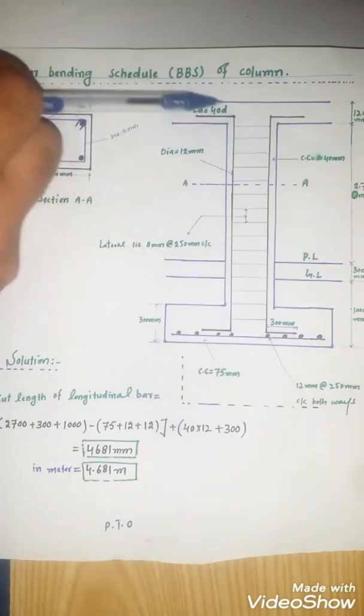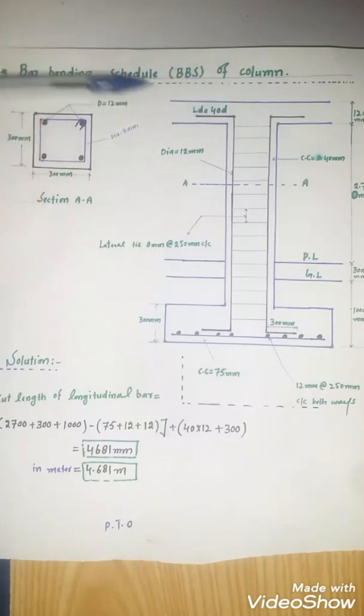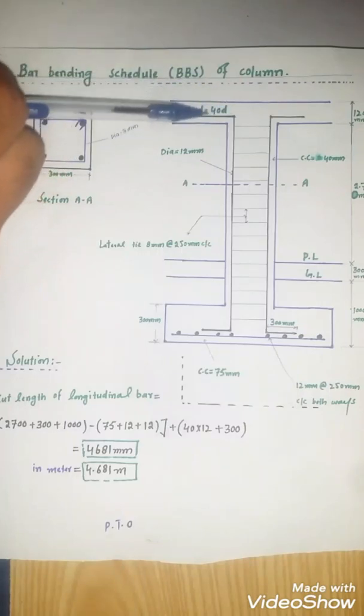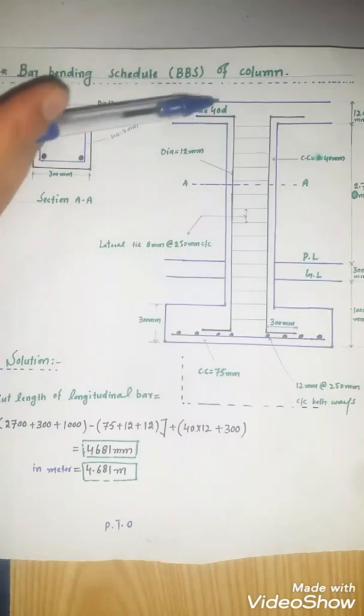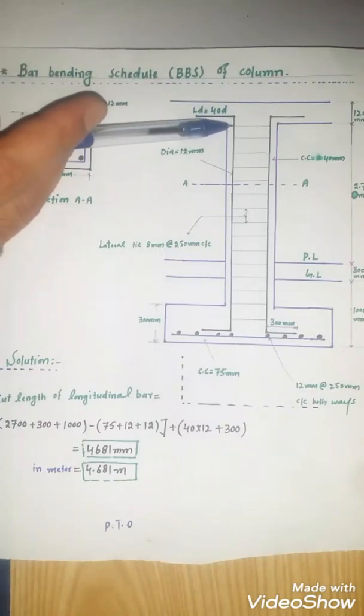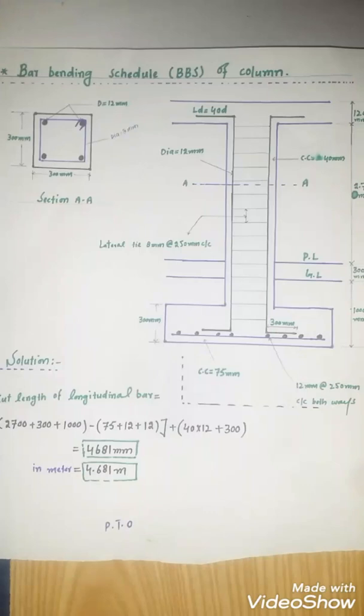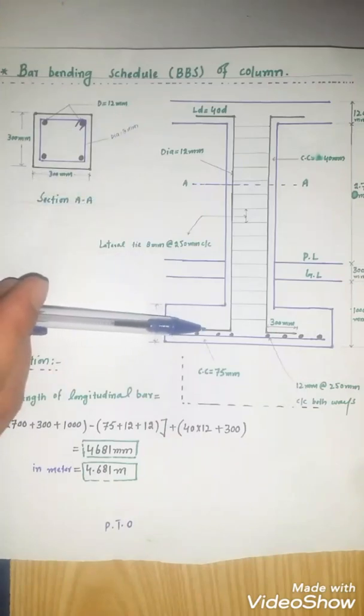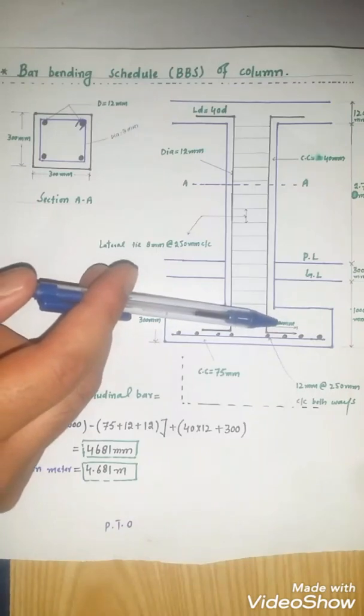This development length is equal to 40d. This formula is used for finding this development length. Measure from this point to this point, and this is the hook length, which is equal to 300 millimeter.